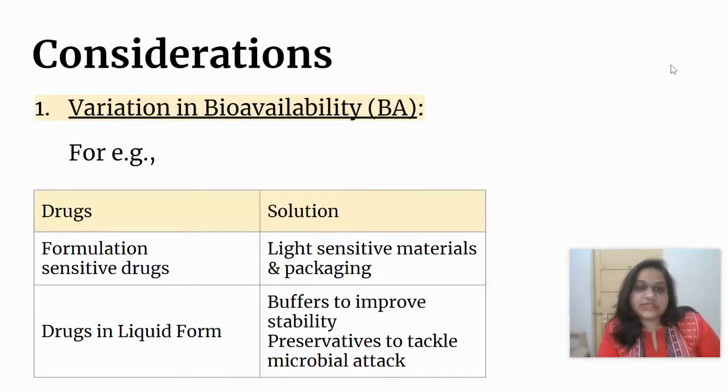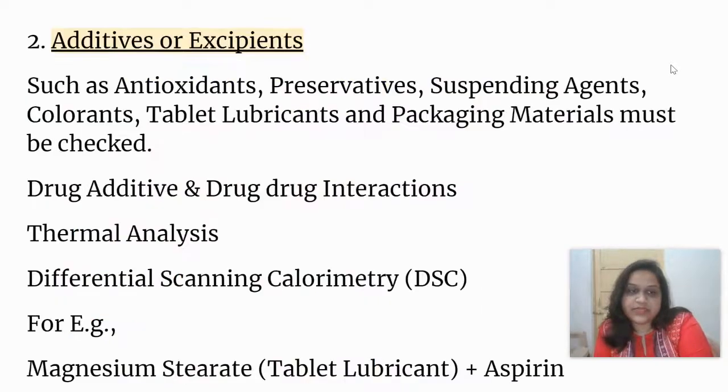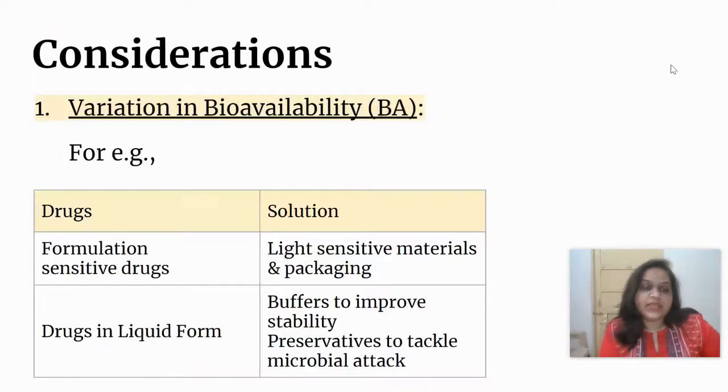The other one is considerations. There are two considerations in the dosage form design: bioavailability, and additives or excipients. In bioavailability, there are many variations in the dosage form design. To tackle that, additives are added, or packaging or many other solutions are used to combat the problem of bioavailability variation.